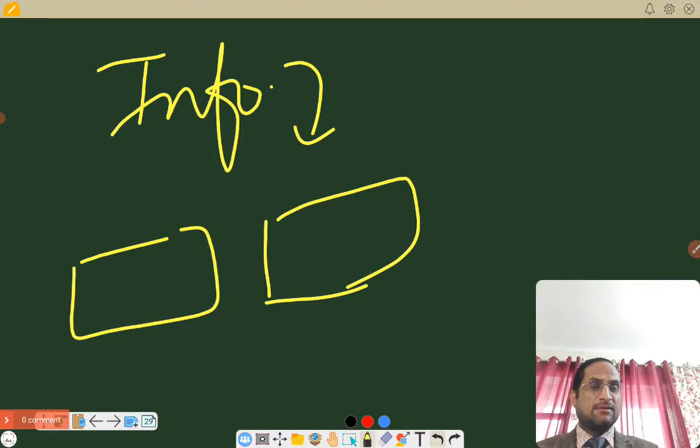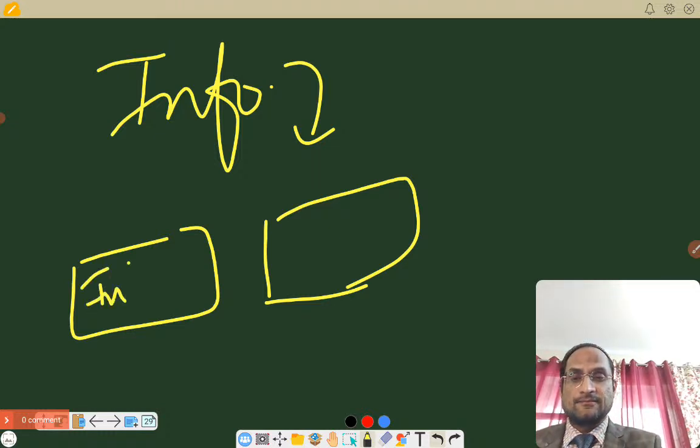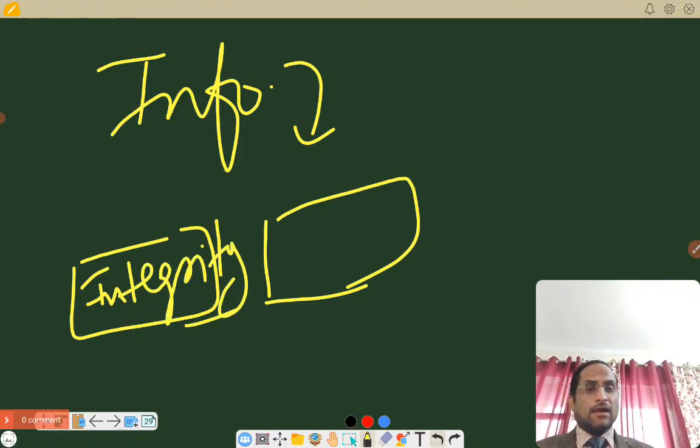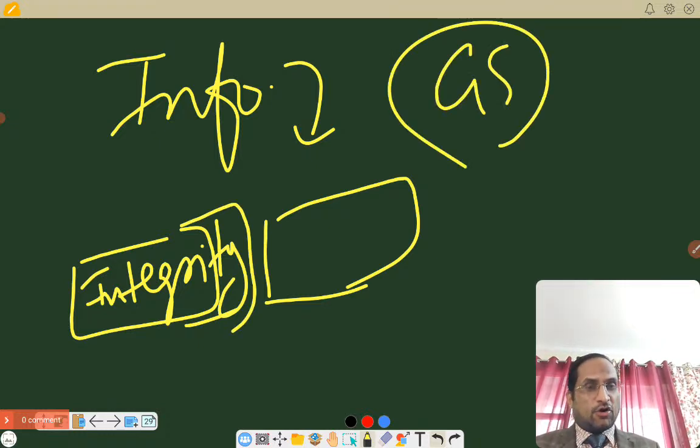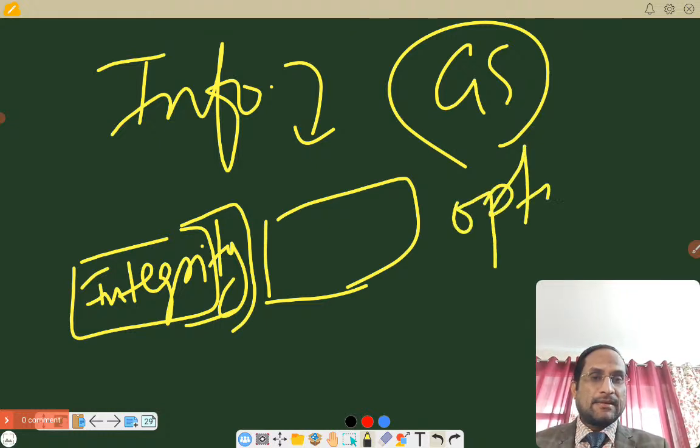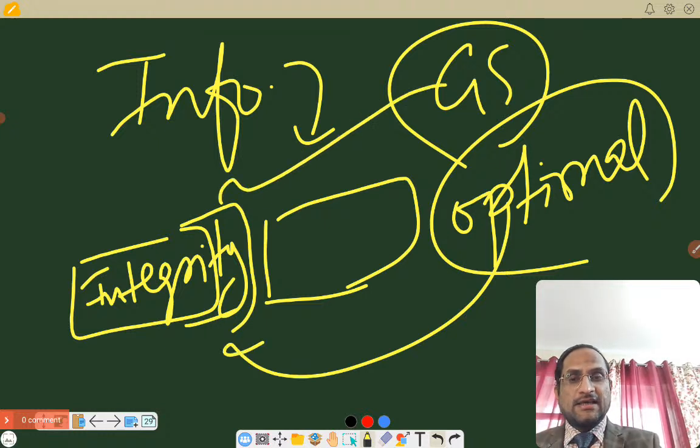Your syllabus mentions some topic, or some words, like integrity. Now whatever you study regarding integrity in all your other GS papers, in your optional, everything will be organized in that integrity.